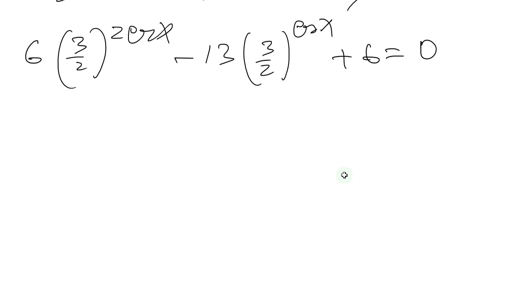Okay guys, from here we can solve this as a quadratic equation in terms of 3 over 2 to the cosine of x.